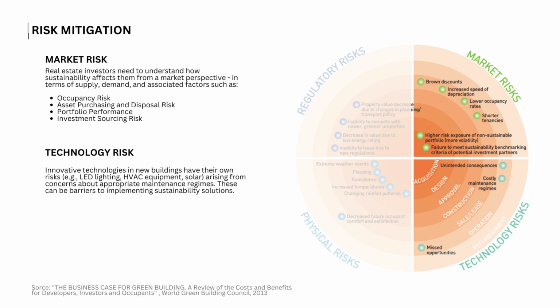Innovative technologies in new buildings have their own risks. For LED lighting, HVAC equipment, and solar installations, for example, the risk arises from concerns about the difficulty of maintenance regimes that are needed for proper work of such systems.